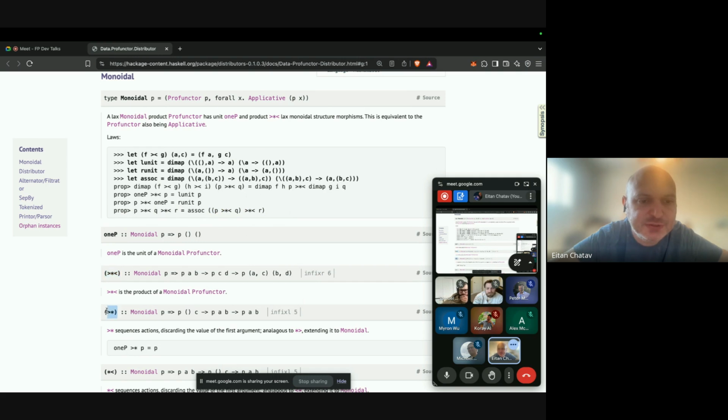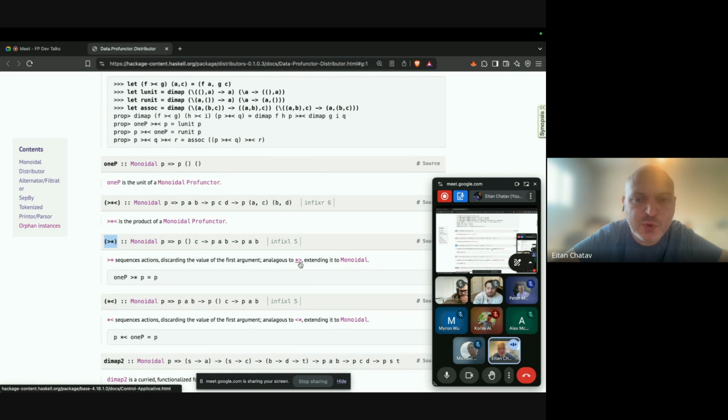This sequence operation is analogous to the same one for applicative. It drops the value of the first argument and retains the value of the second argument, just like the analog for applicative and for monad. And similarly, this one drops the second argument.